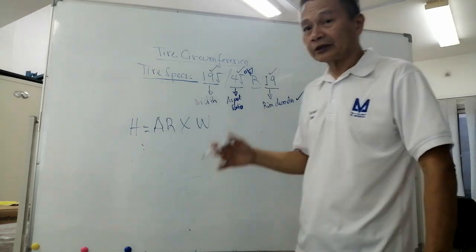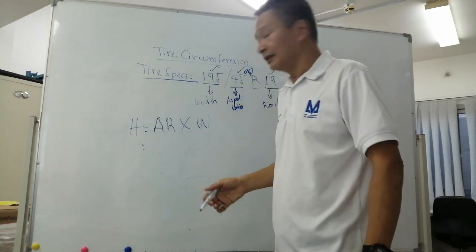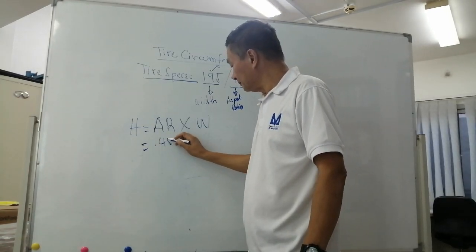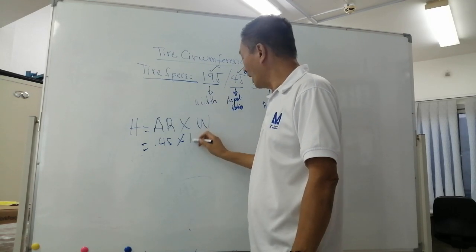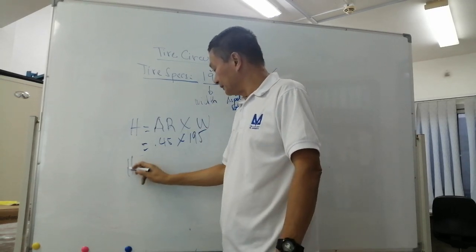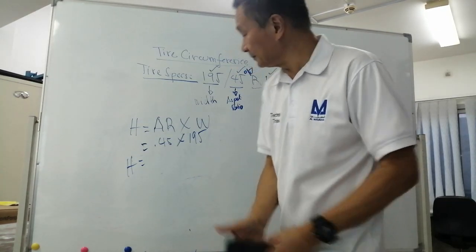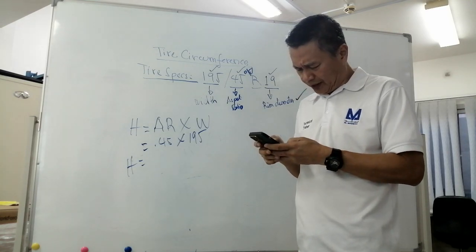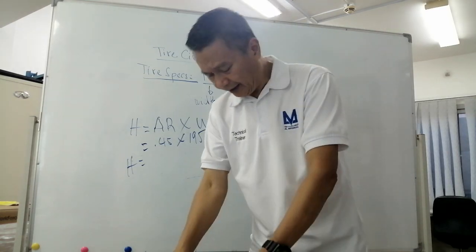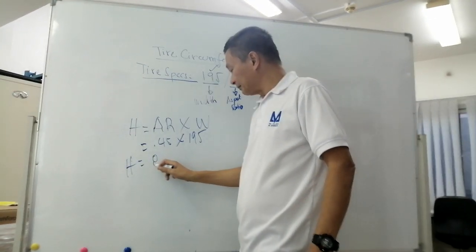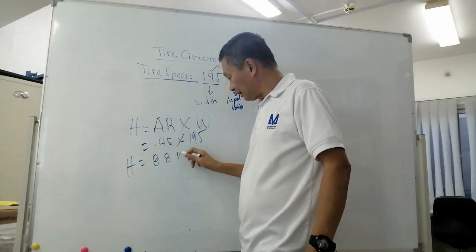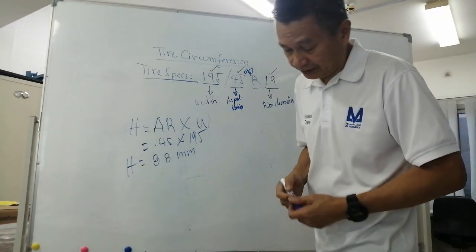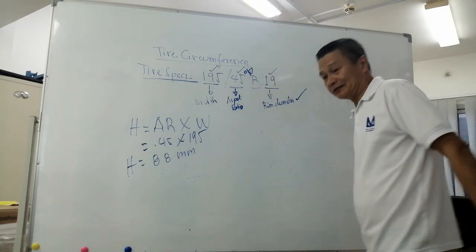The aspect ratio is 45% divided by 100, which is 0.45, times 195. So 0.45 multiplied by 195 is 87.75, which we round to 88 millimeters. So we now have the height.